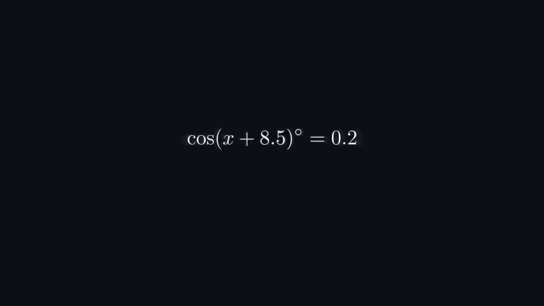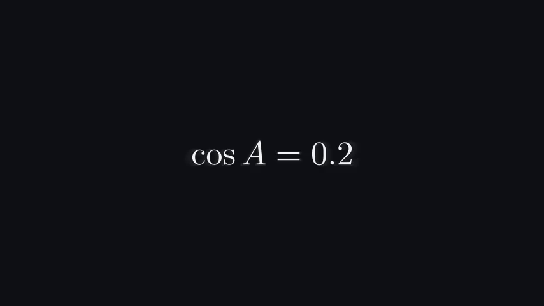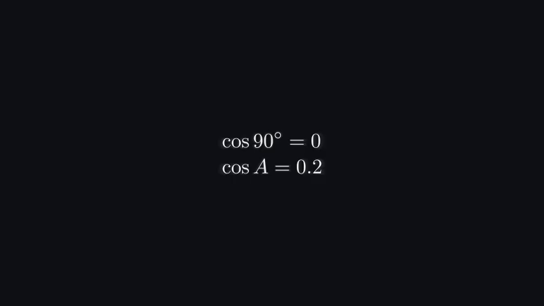Cos of (x + 8.5°) equals 0.2. Let A equals x plus 8.5 degrees. Cos of A equals 0.2.